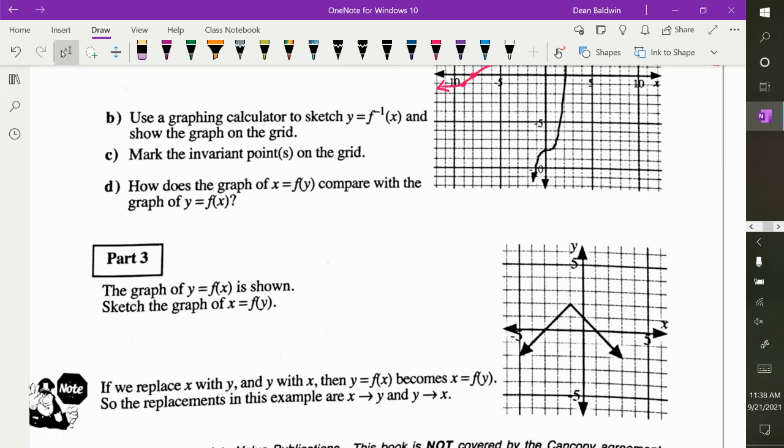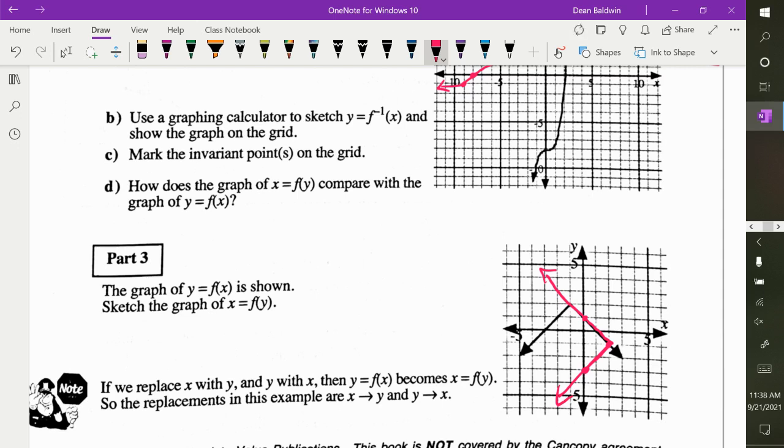What are we doing? We're doing inverse. -3, 0. -1, -2. All right.